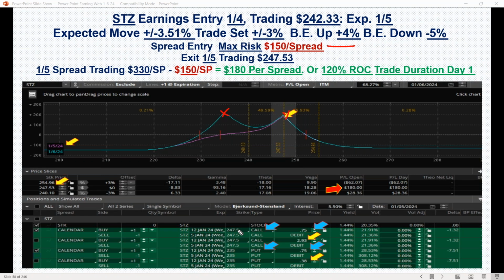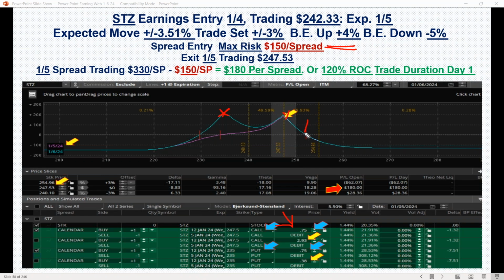The call calendar was the 247.5, 12 Jan long, short the 5 Jan. That calendar was costing $75.75. And then the put calendar side here was the 235 put calendar, targeting down to that area, that cost 75. So the total cost or risk of the trade was 150.